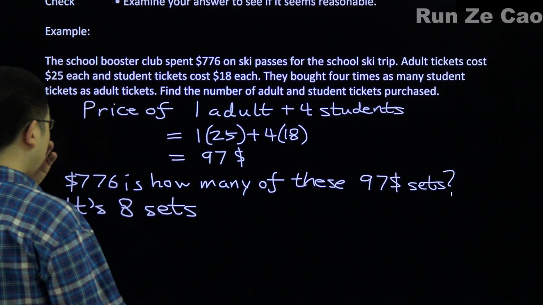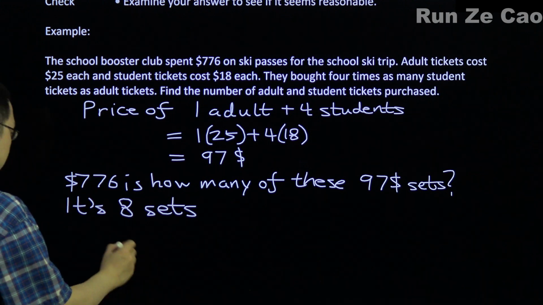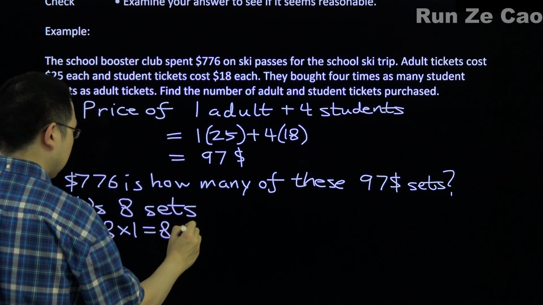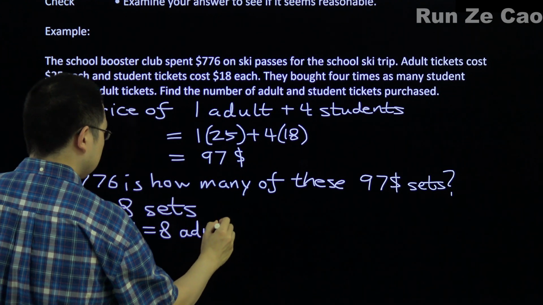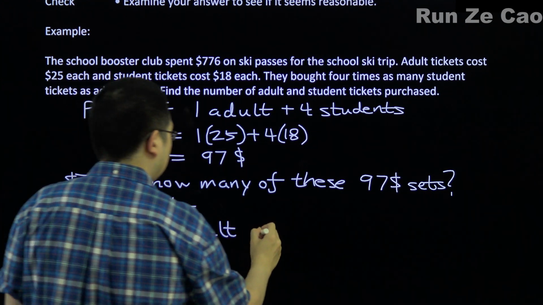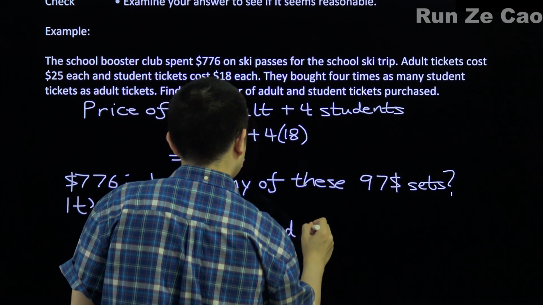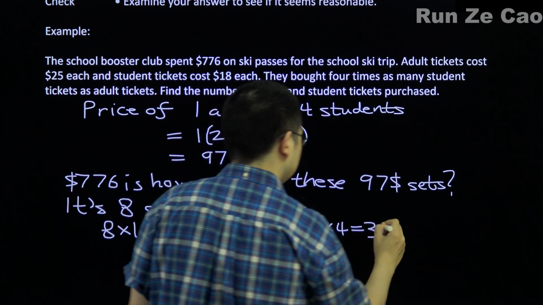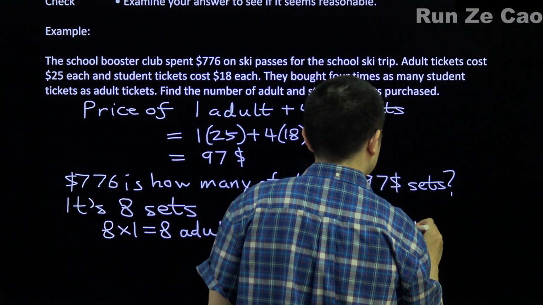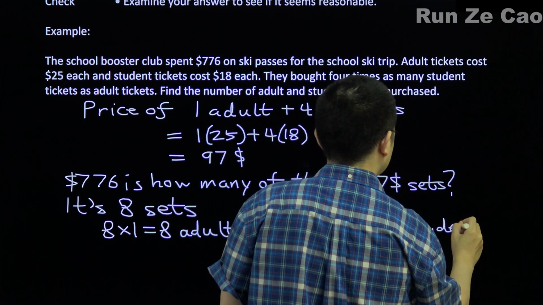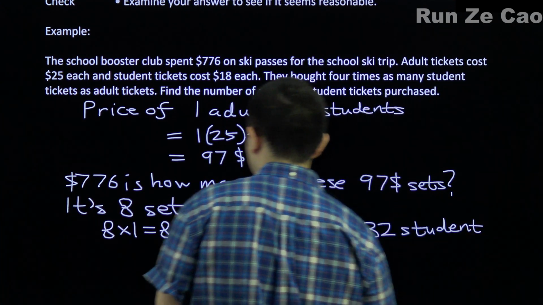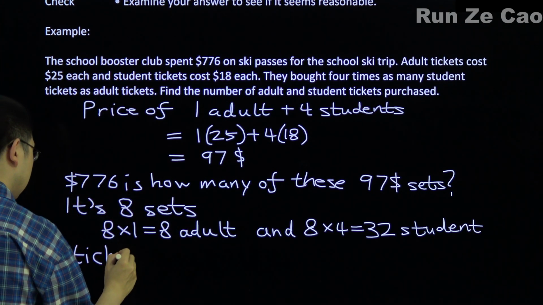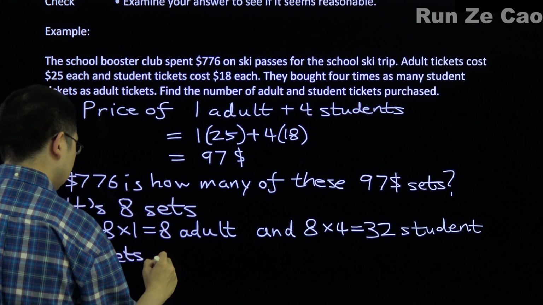Okay then, that means there's 8 times 1 equals 8 adult, and 8 times 4 equals 32 student tickets purchased.